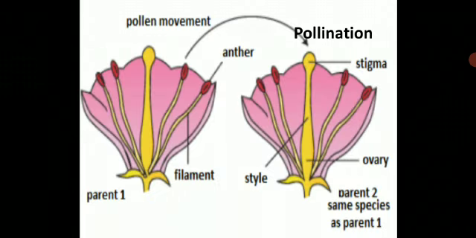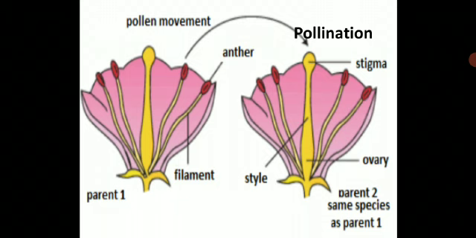Please take this down. Now over here you can see the pollination process and pollen movement. On the left hand side you will see the section of a flower, parent one, which has the filament and anther inside. From the anther, you can see the pollen movement from one flower to the other flower, that is pollination. It will go to the stigma of the other flower.